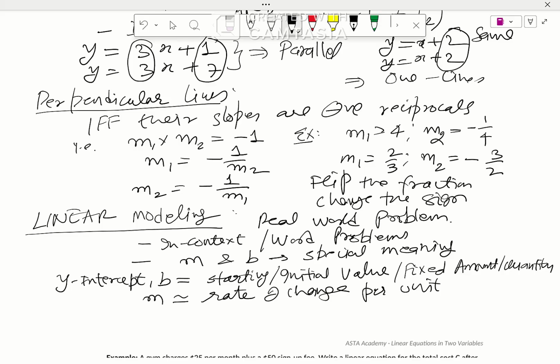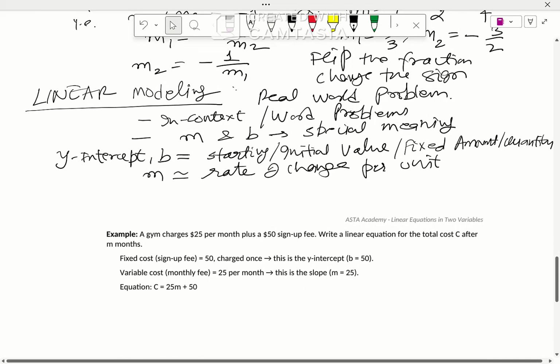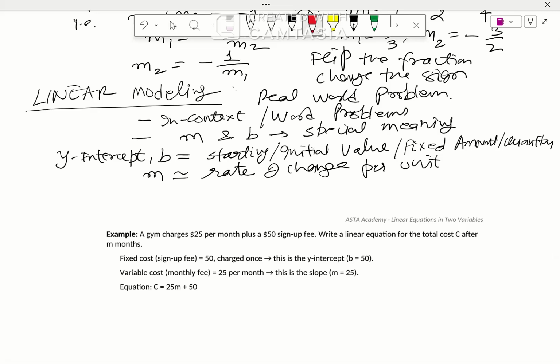Now what I would like to do is take up an example, and here it is. In this example we see that a gym charges $25 per month plus a $50 sign-up fee.